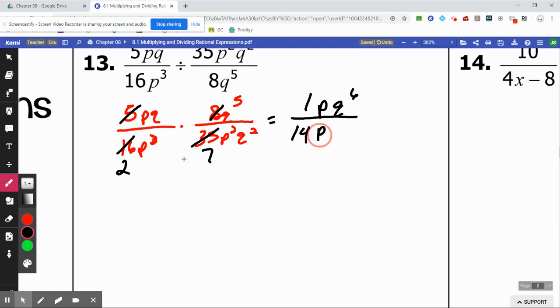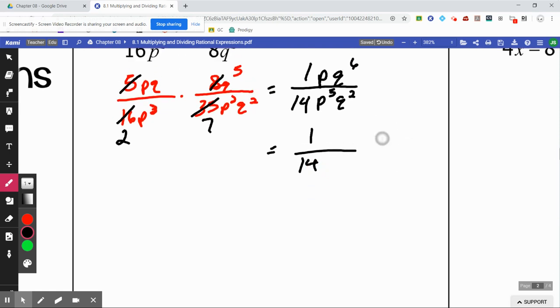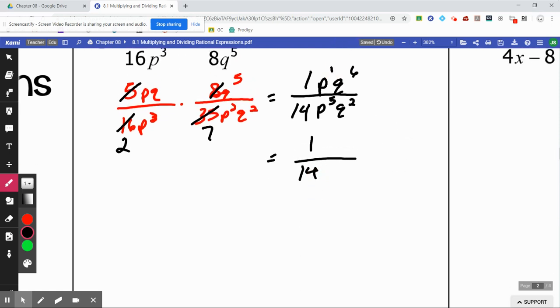There are 5 p's on bottom, and there are 2 q's. So now we can cancel across the fraction bar, 1 on top, 14 on bottom. The 1 p on top, 5 p's on bottom, when you subtract would leave you with 4 p's on bottom. 6 q's on top, 2 q's on bottom, subtract would leave you with 4 q's on top. So really no need to put the 1 anymore. There's your final answer.